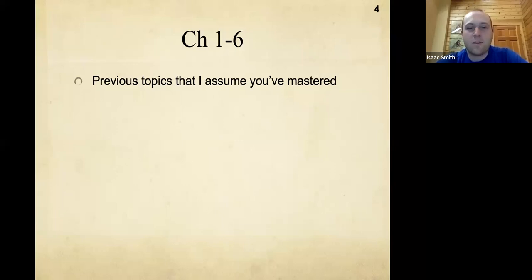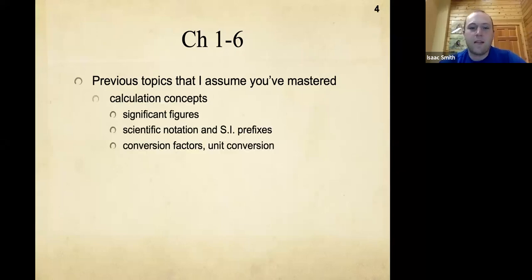So these are some previous topics that I've assumed you still know, and we've been using them while we've been learning new material. This is stuff from exam 1 that's still going to be relevant on exam 2.